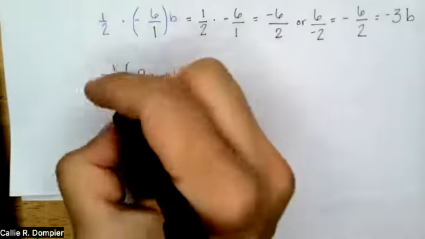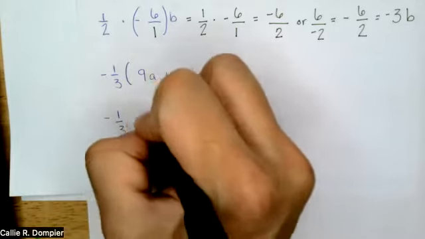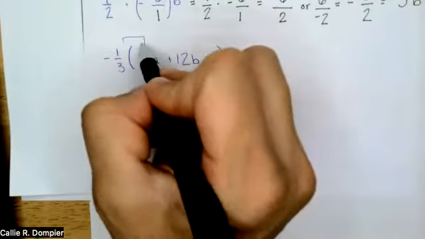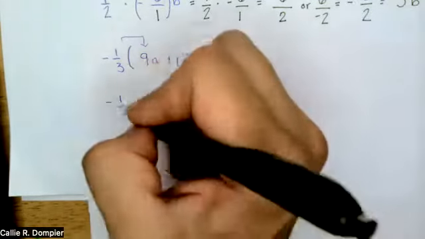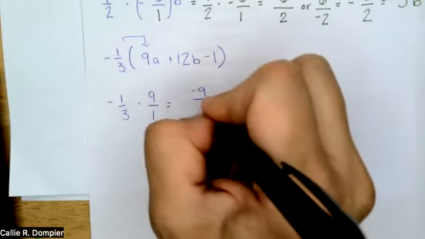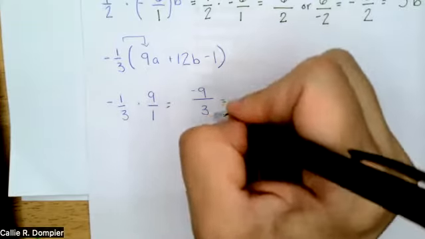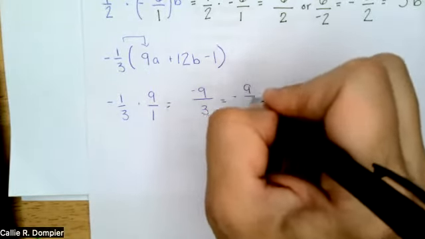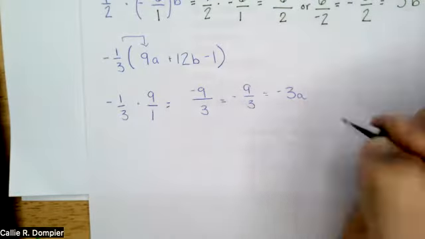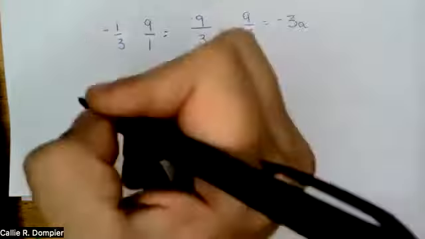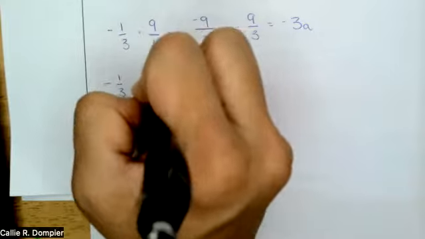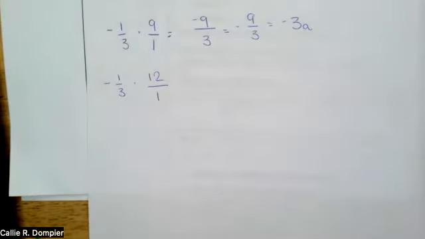So -1/3 times 9/1, so that first one, I turn 9 into a fraction by putting it over 1. -1 times 9 is a -9. 3 times 1 is 3. -9 divided by 3, -9/3. 9 divided by 3 is a -3, right? Bring that a back. Now I have -1/3 times +12. Turn it into a fraction by putting it over 1.